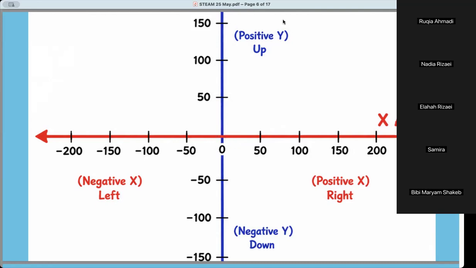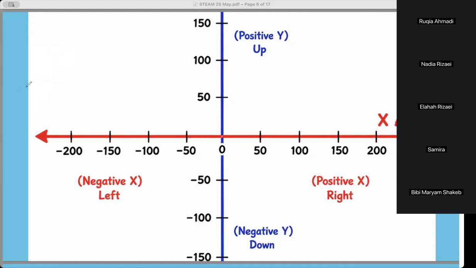Can you see the cursor? Okay. Now, can you see? No, probably not. Yes, sure. Okay, so this position is where the x-axis, which is going from left to right, and the y-axis, going from down to up, meet.